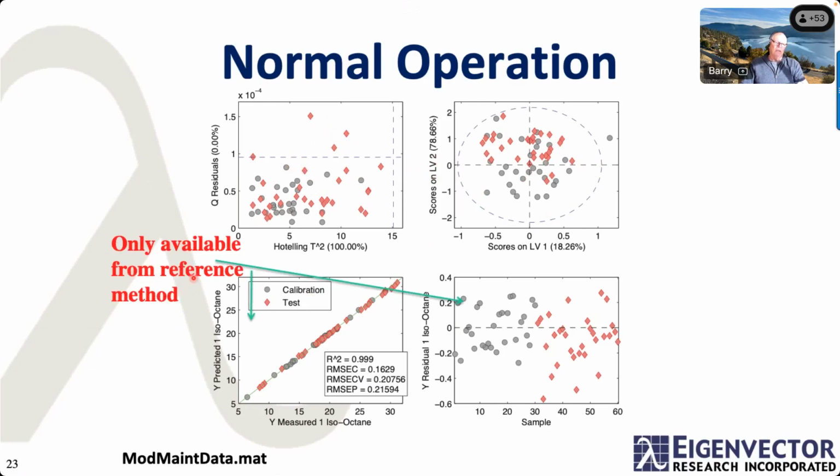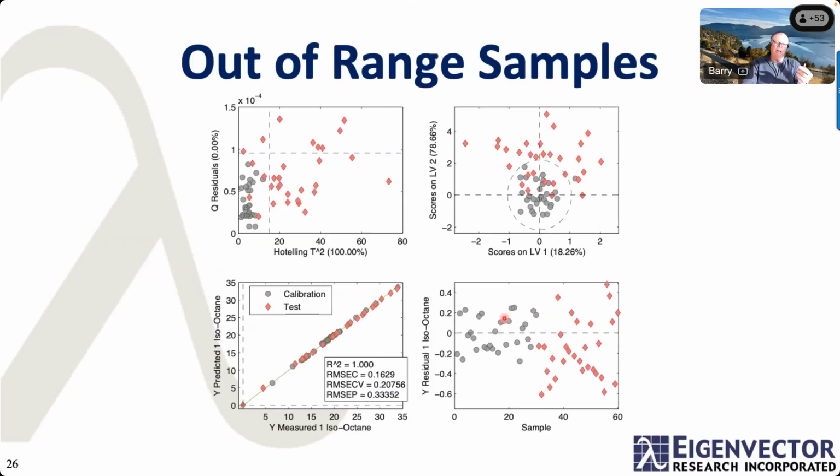But if you are still using the reference method, we can check these things. We can check whether the predictions are also in agreement with the actual values and what the residuals on those are. And I want to point out, these two plots you can only make if you have the reference method available. The two top ones you get all the time.